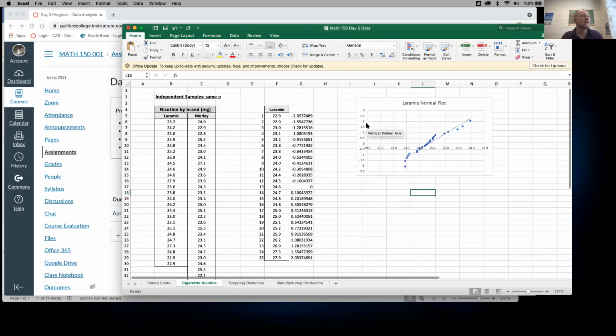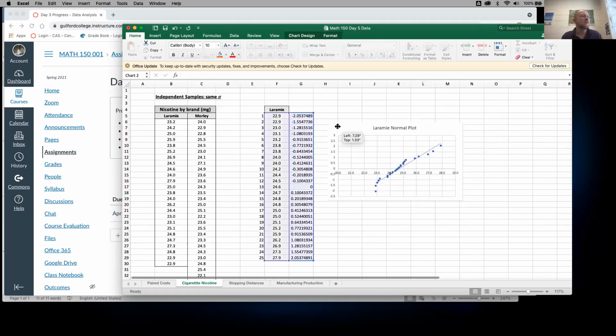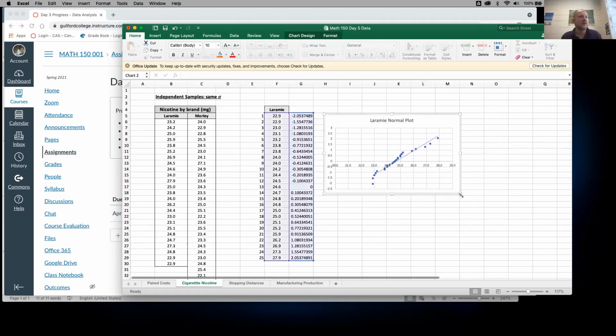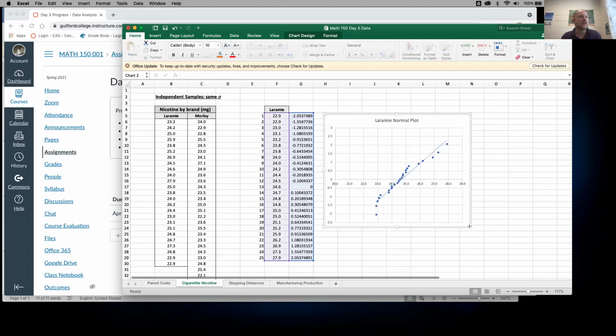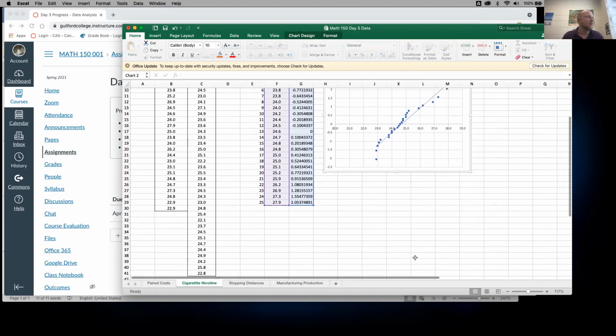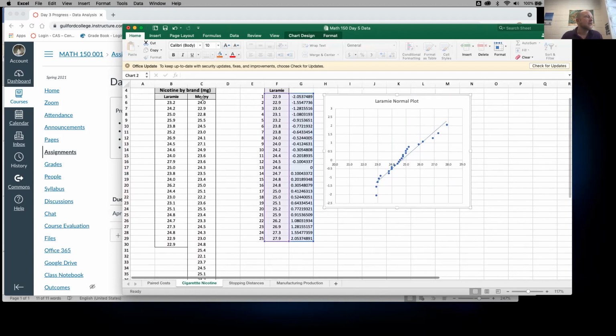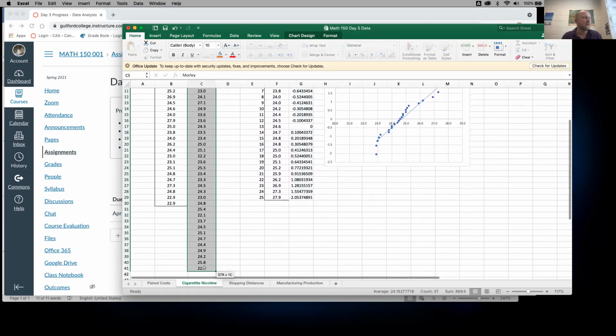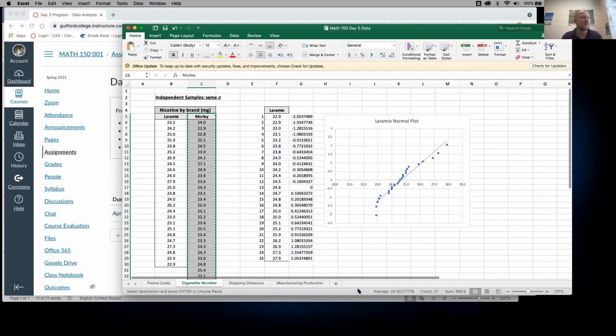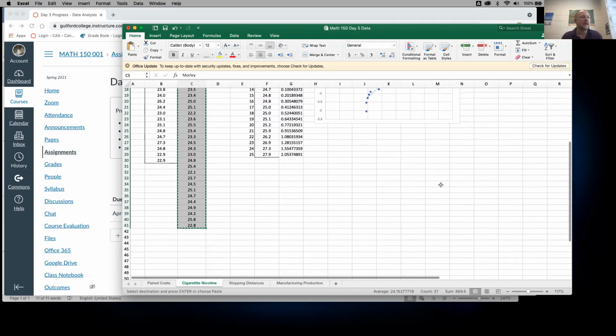So maybe I will go ahead and pull this down here since we're going to have plenty of space. Maybe I will put the Morley part on the other side or something. All right, so I'm copying all of those, and I am putting them maybe right here.